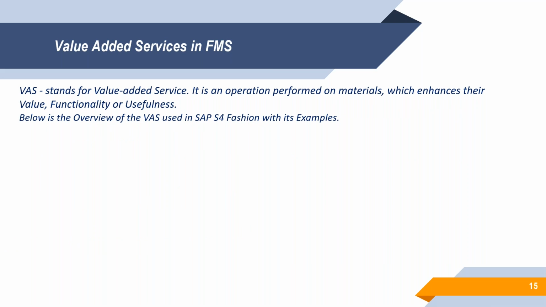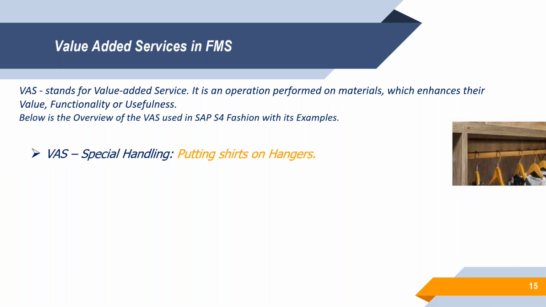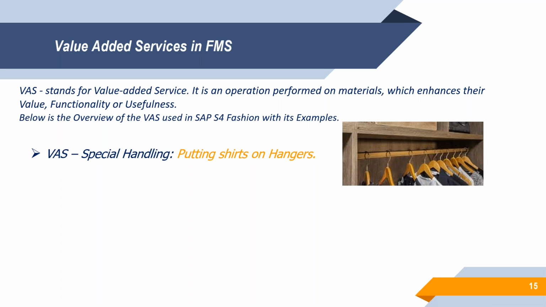And let's talk about the VAS, value-added services. Basically, it's an operation performed on the materials which will enhance the value or the usability of the product. So below are the examples that I'm trying to show here. We have the VAS special handling, for example, putting the shirts on the hangers.